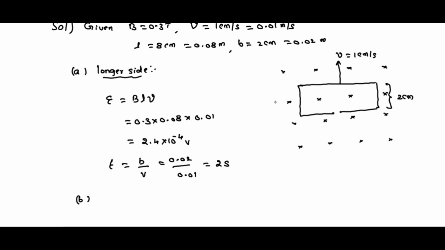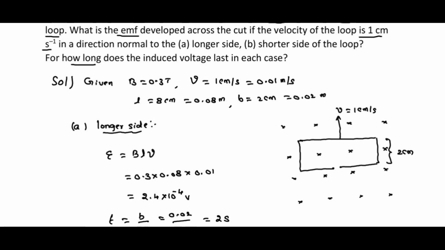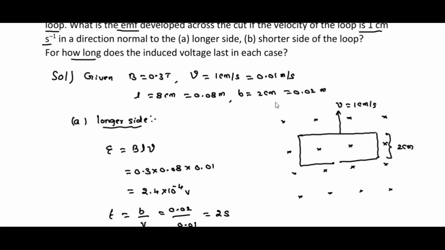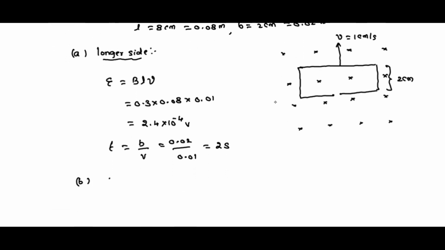Coming to B, the shorter side. That means the situation will be like this.